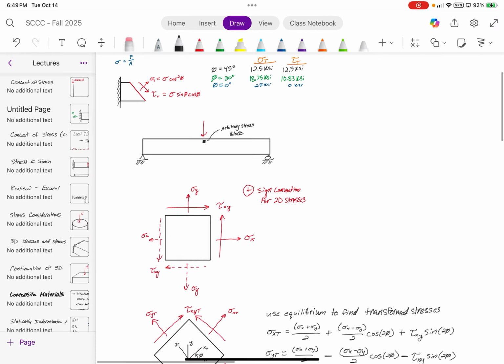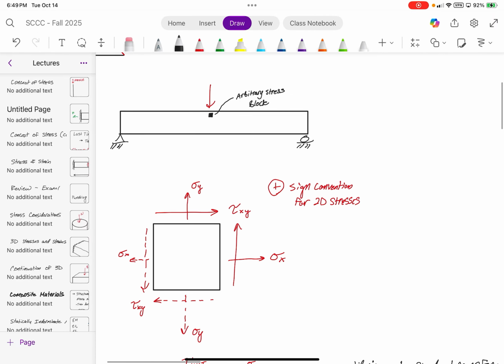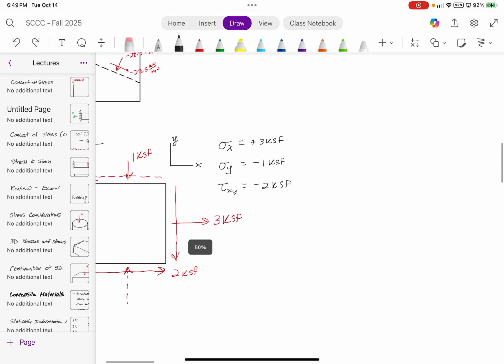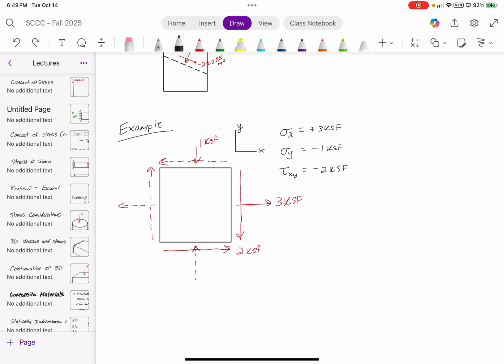All right, this was a trick. I told you guys the positive sign convention looked like this. Anything that does not look like the shear stress going to the right and up, or down and left here, is negative. Another way of thinking of it is to look at the plane. This is moving downwards, so that would be a negative sign, right?